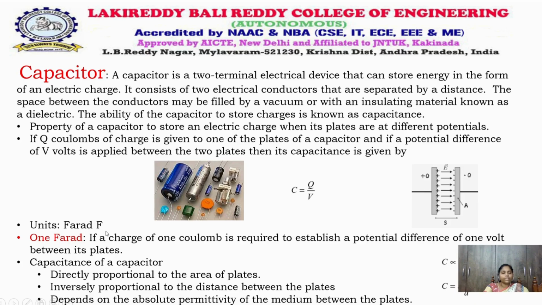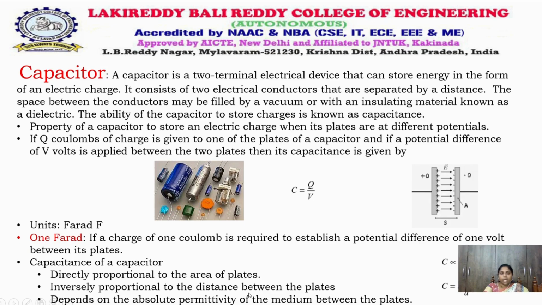Now the unit for capacitance is farad. 1 farad is nothing but when a charge of 1 coulomb is required to establish a potential difference of 1 volt between its plates. The capacitance is directly proportional to the area of the plates and inversely proportional to the distance between the plates.